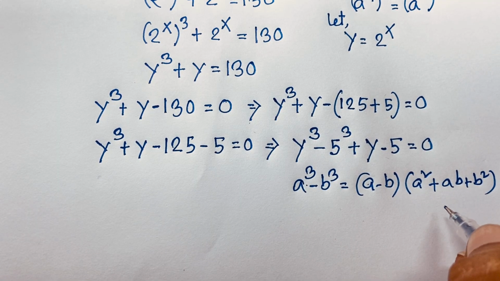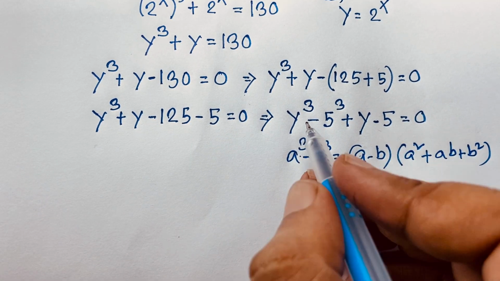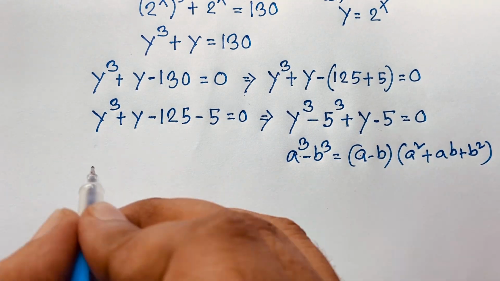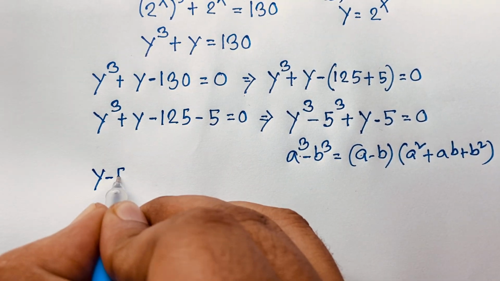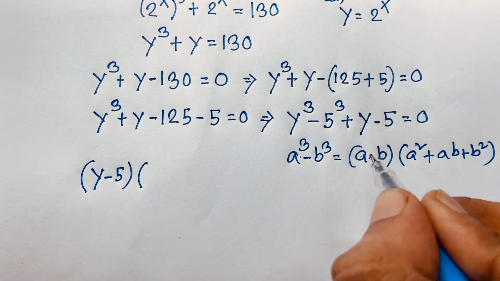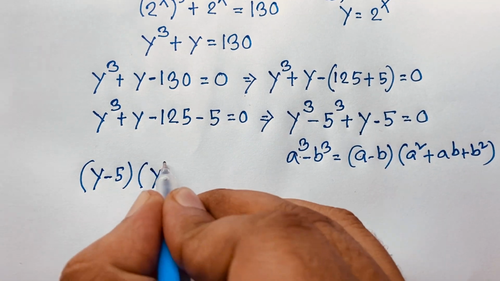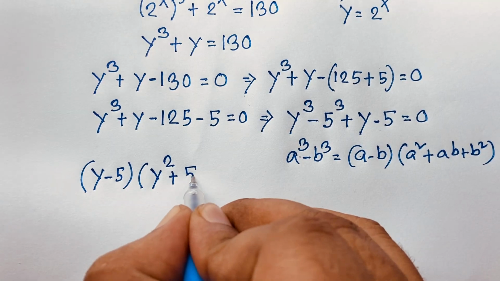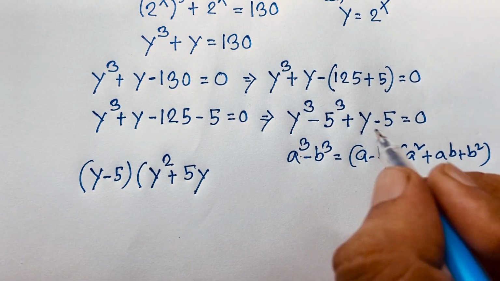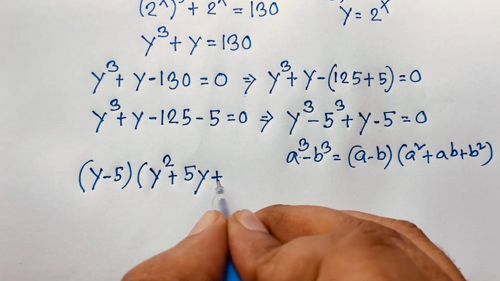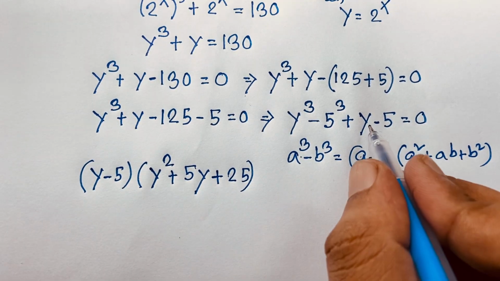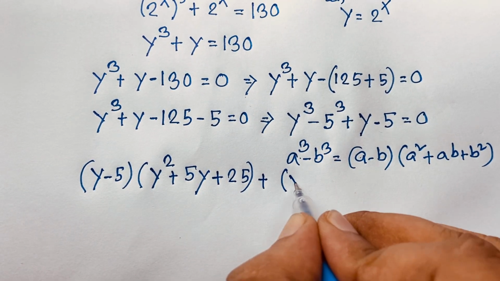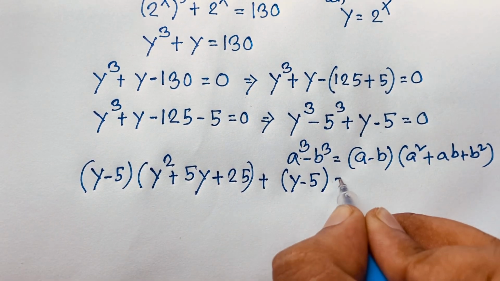So according to this formula, I can write y cube minus 5 cube as y minus 5 times y square plus 5 times y, it will be 5y, then 5 square, it will be 25, and here y minus 5 is equal to 0.